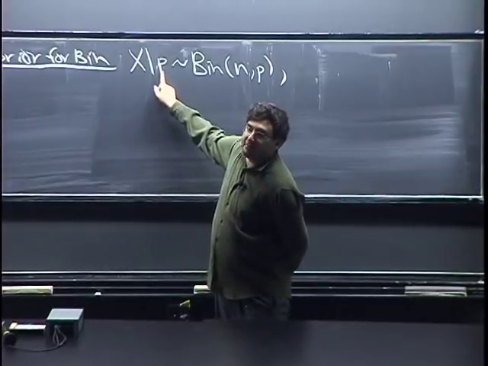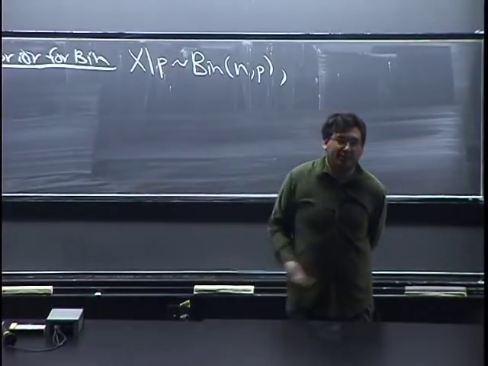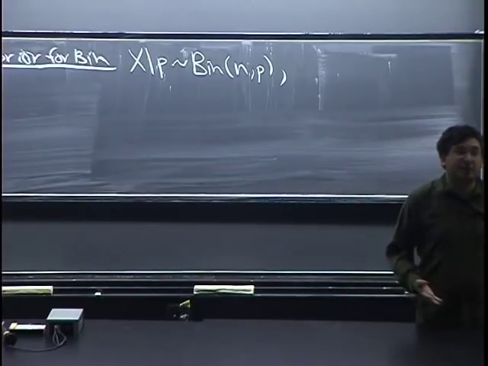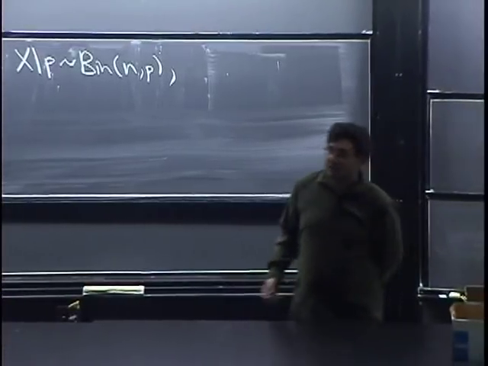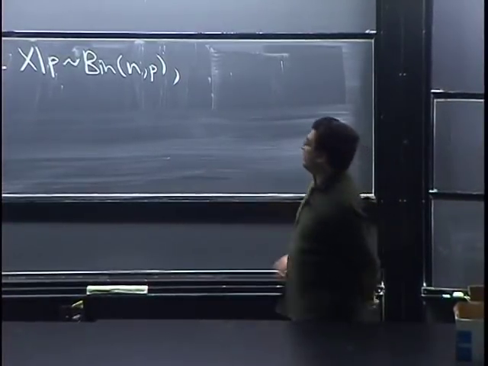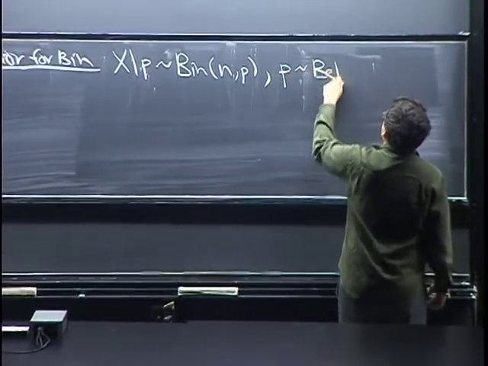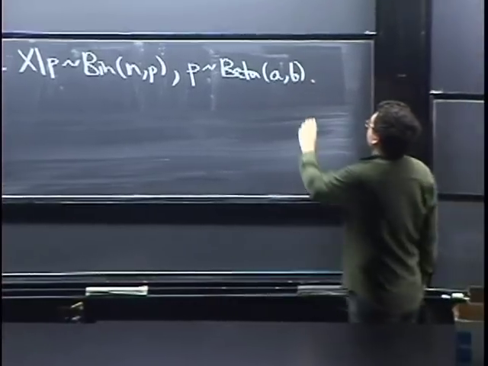This notation means that if we pretend p is known, it's just the binomial, but p itself is unknown, and we give it a distribution to reflect the uncertainty about p. In practice, the most widely used choice is some beta distribution. So we let p be Beta(a,b). That's called the prior.